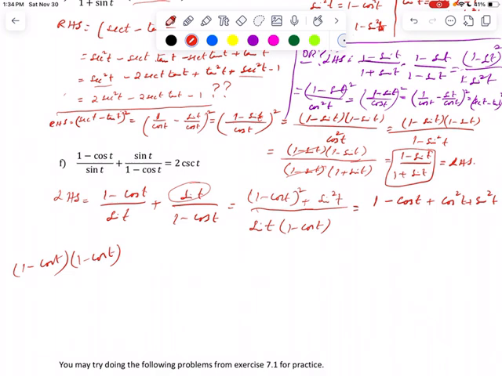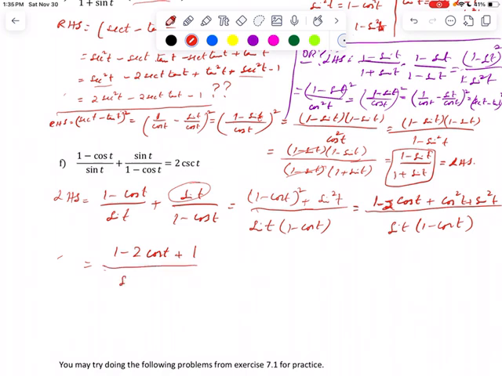Whole thing divided by, and at the bottom I have sine of t into 1 minus cosine of t, which is now equal to, so on the top there I get 1 minus 2 cosine t plus 1, because cosine square t plus sine square t is 1, whole thing divided by sine of t times 1 minus cosine of t.